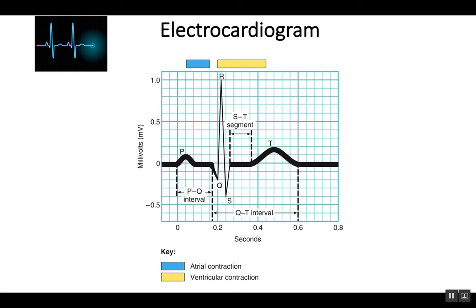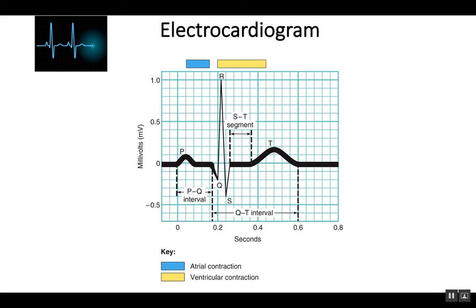You get what are known as tracings. And we've probably all seen these tracings somewhere at some point in our life. And these tracings tell us about the electrical activity transmitting through the heart. So you can learn a lot from a heart with an ECG. We're going to learn what each of these little waves, what each of these little peaks and intervals mean.